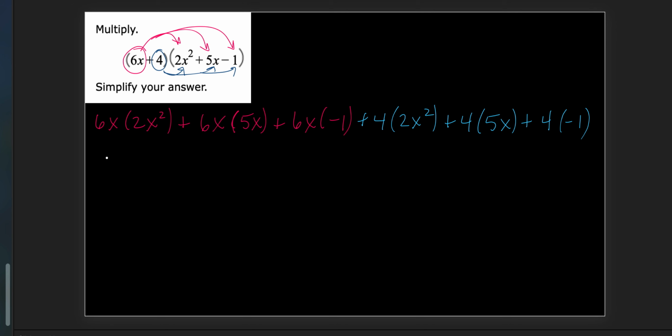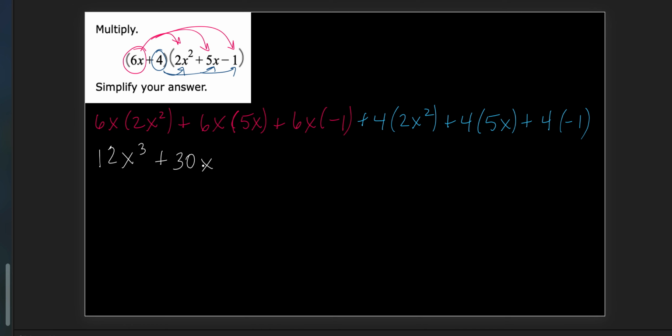So to actually multiply that out, which you might not have to write this whole step, that's just fine. You can just look at it and do it, or cover part of the problem up and do it. Some people need to write that down or like that much better. So 6 times 2 is 12x, and that'll be to the third, 1 plus 2. And then this is 6 times 5 is positive 30 there.